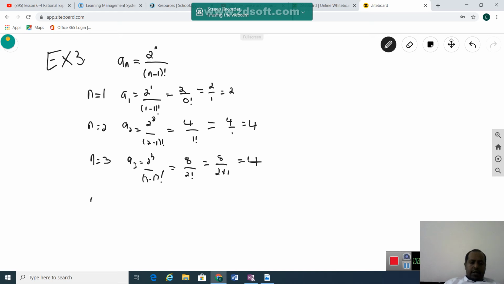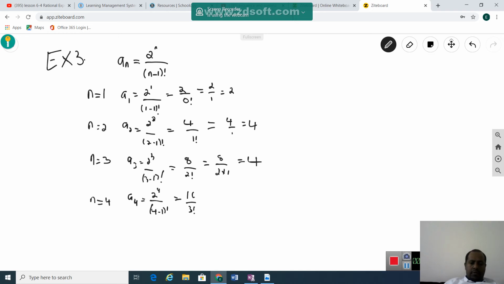And finally, let's find the fourth term. To find the fourth term, I just plug n is equal to 4. So you'll get 2 to the power of 4, which is 16, over (4 minus 1) factorial, which is 3 factorial. So this is equal to 16 over 3 factorial.